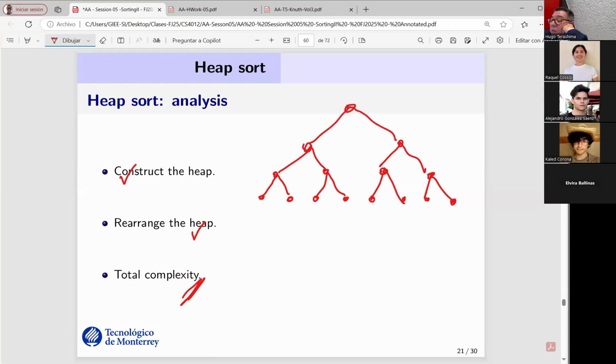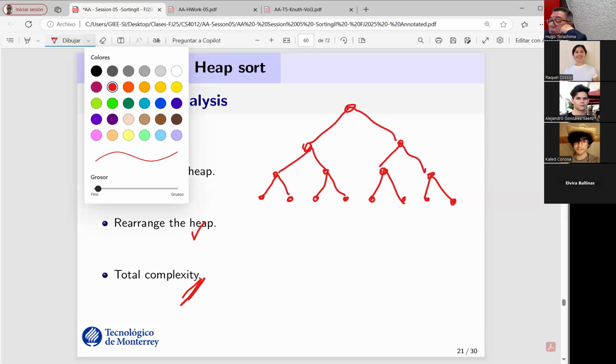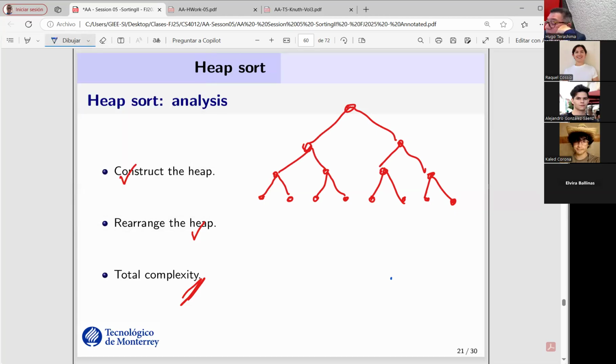So I'm going to change colors here, blue. So we need to construct the heap, this small one, right? And this small one. And this small one. And this small one, right? How many of those do I have in this case?